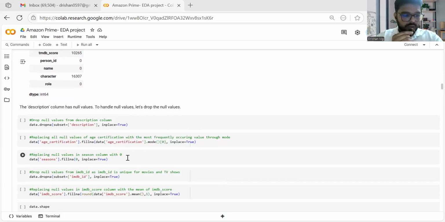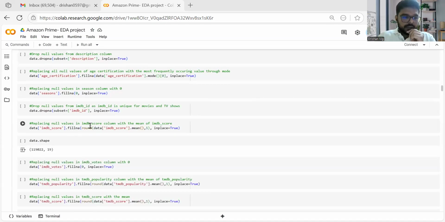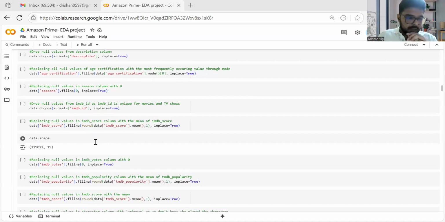Then we're going to drop null values from IMDb ID, because it's a unique identifier and there should be no missing or null values in that column. Then we're going to replace the null values of the IMDb score column with the mean of IMDb score. It means we are filling the null values with the mean or mode. It is as good as that.